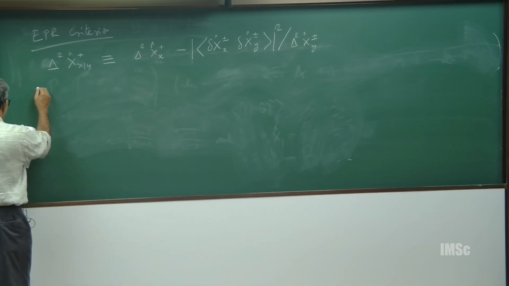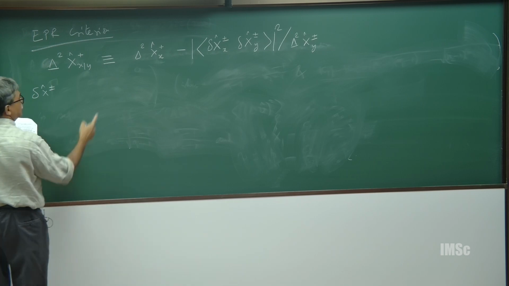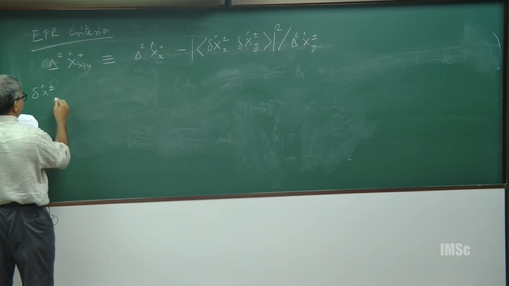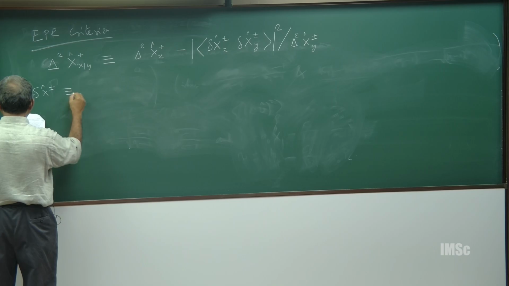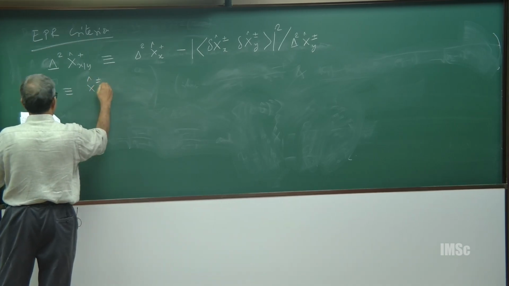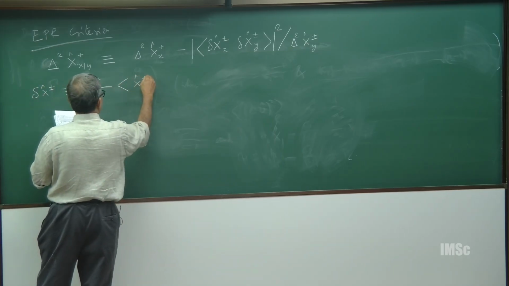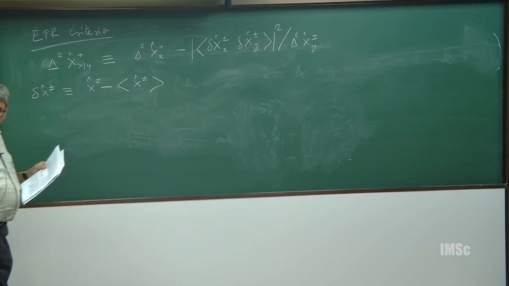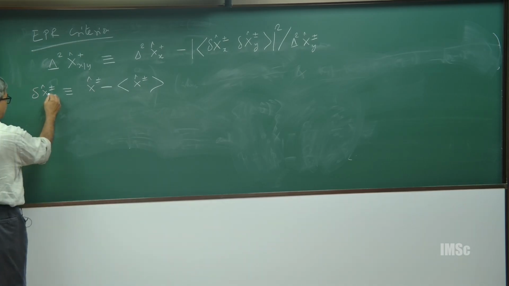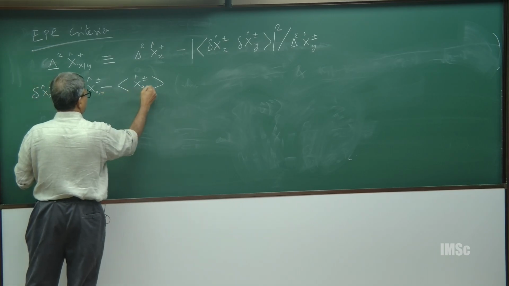So, what is delta of x plus minus? So, x plus you can write it either for x or y. This is actually x plus minus its average value, okay. So, this can be either x or y.